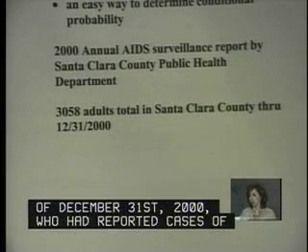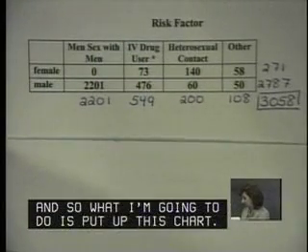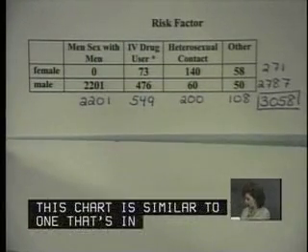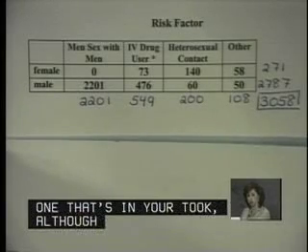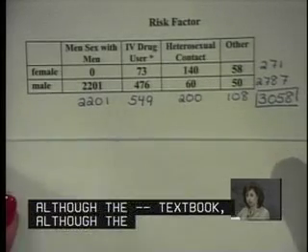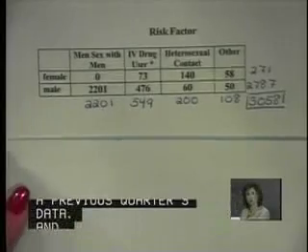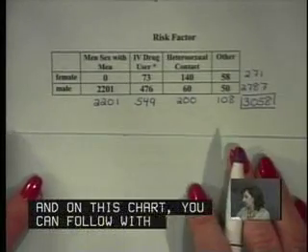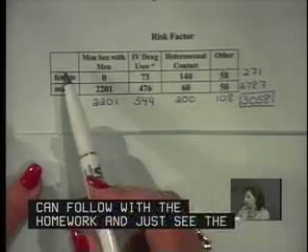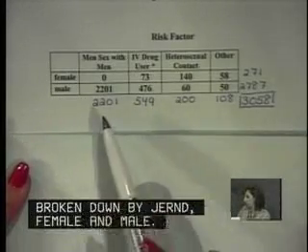So I'm going to put up this chart. It's similar to one in your textbook, although the textbook has a previous quarter's data. You can follow along with the homework just to see the headings. We have it broken down by gender, female and male. Then I broke down the risk factor.